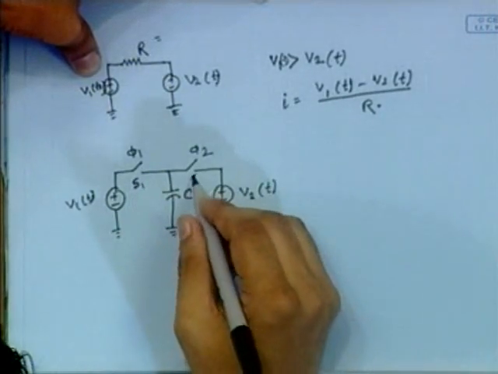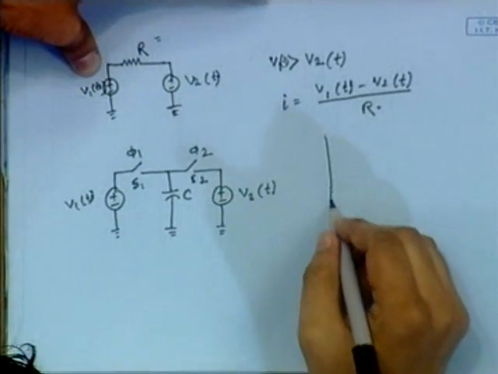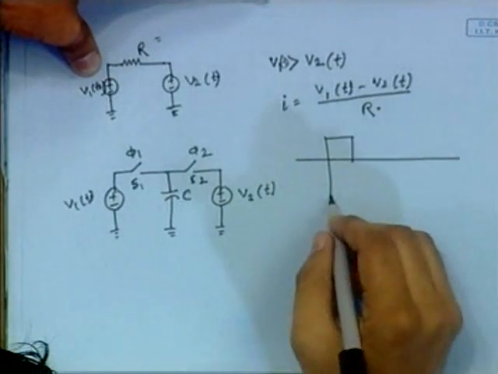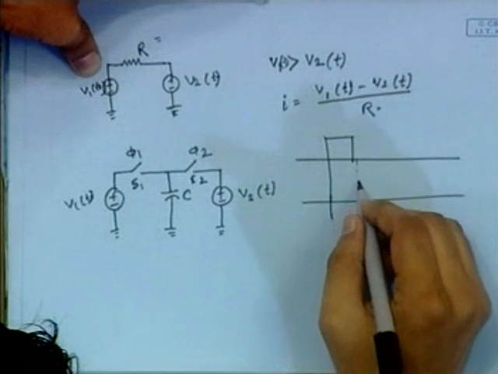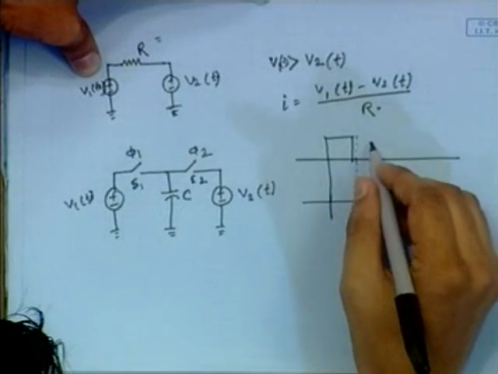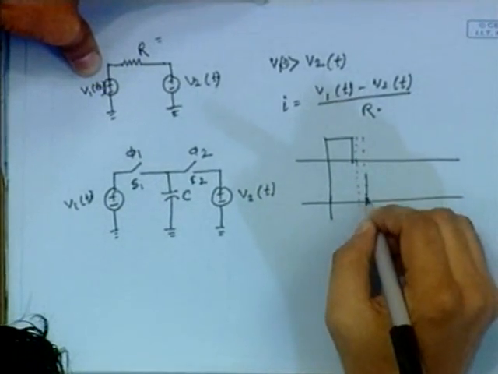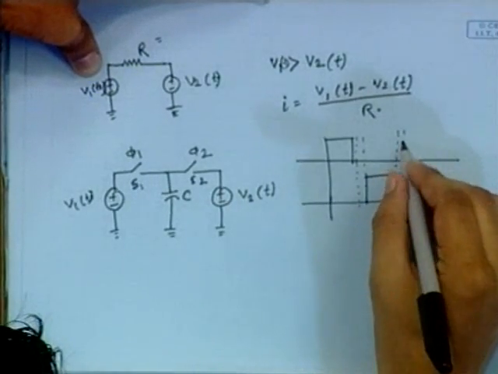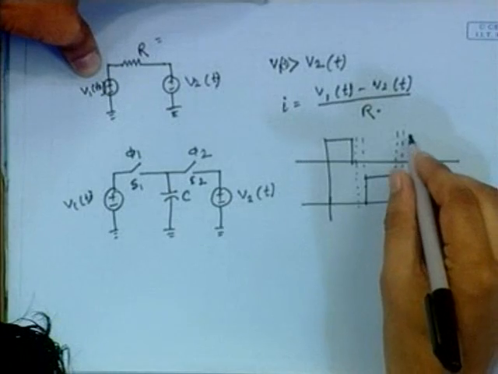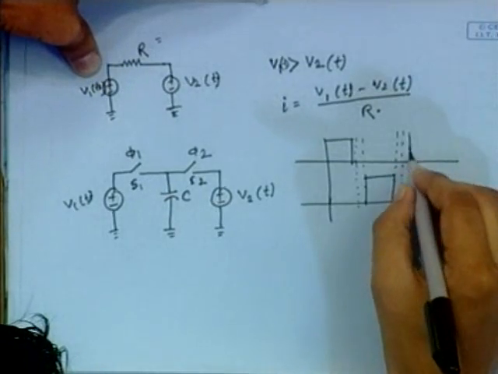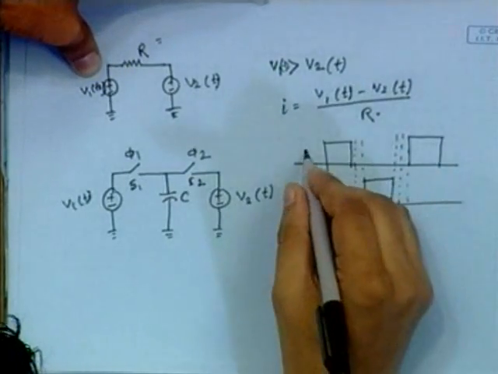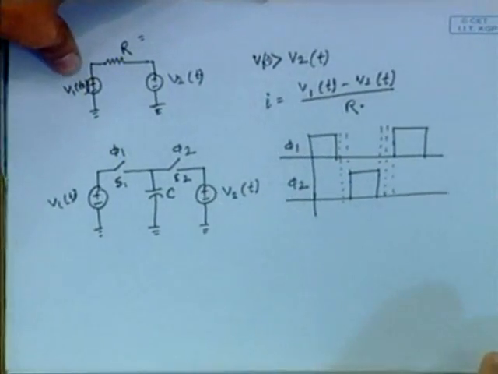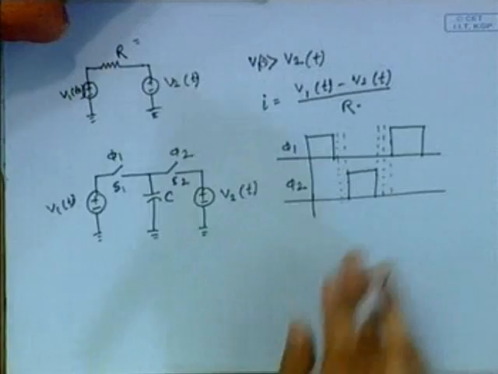This is S1 and this is S2. So this is phi 1 and this is phi 2. Phi 1 and phi 2 are non-overlapping clock pulses.